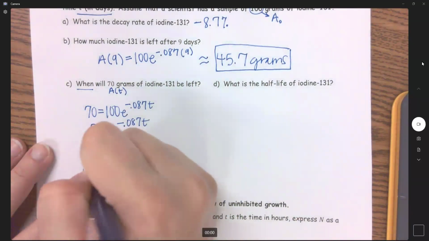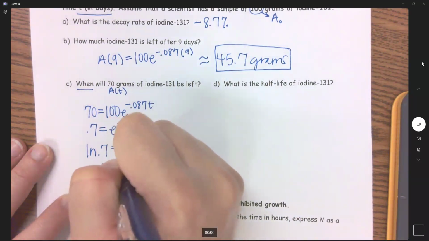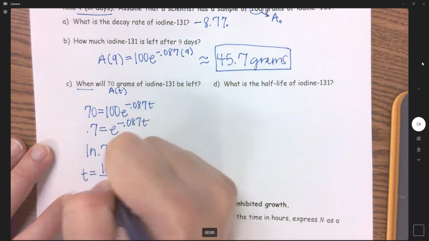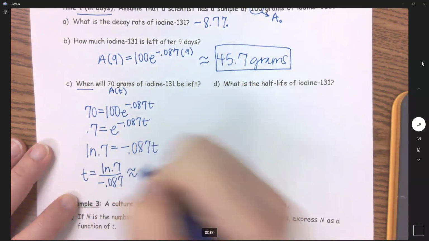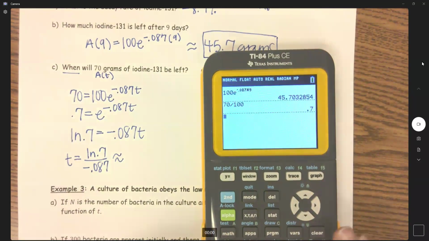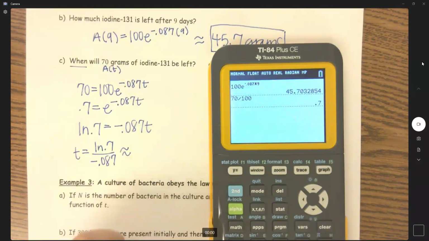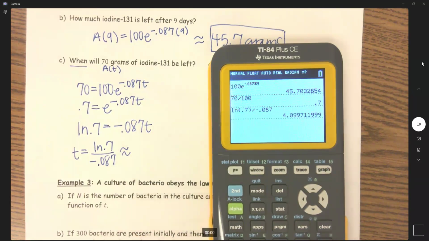So I'm going to get t equals the natural log of 0.7 divided by negative 0.087. That's my exact. Put it in our calculator and get a decimal equivalent. So about 4.1 days.